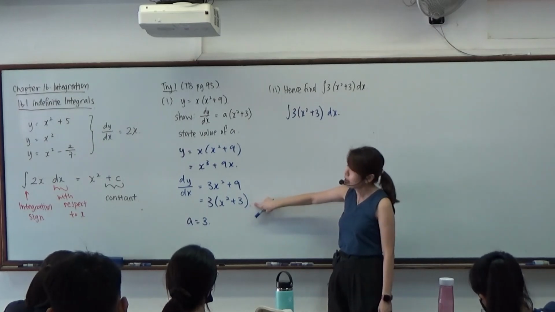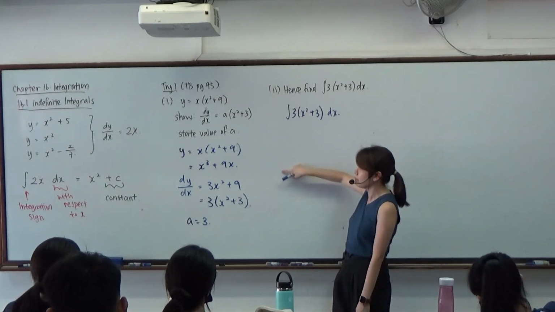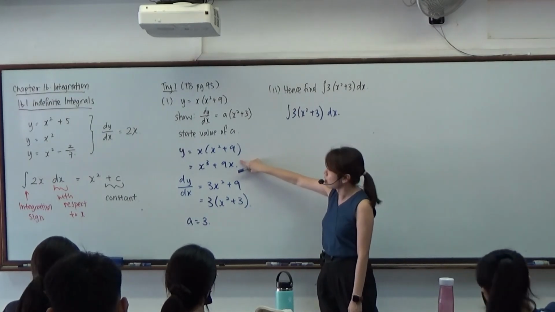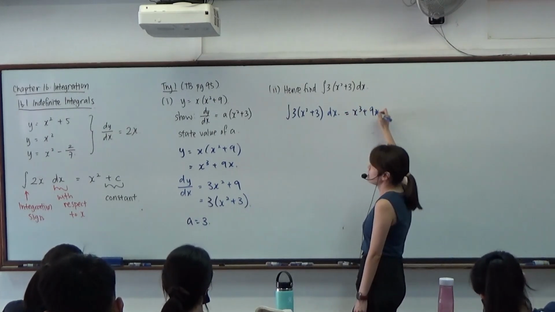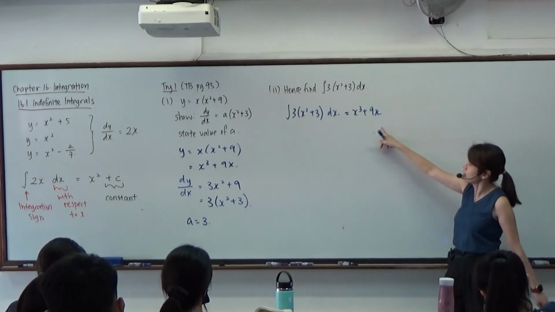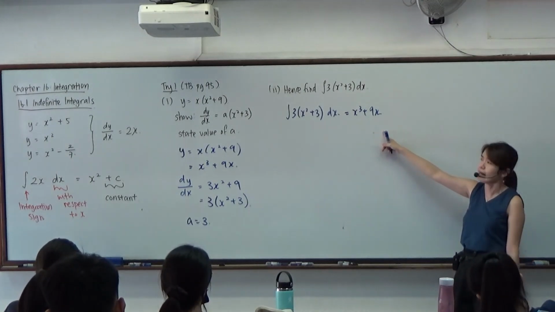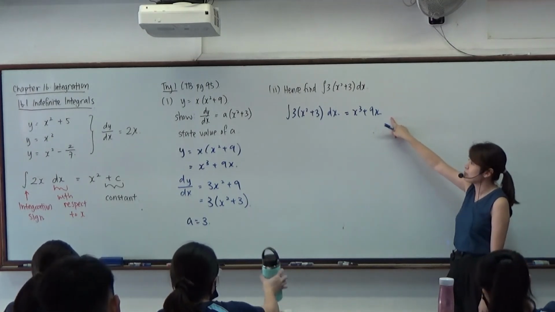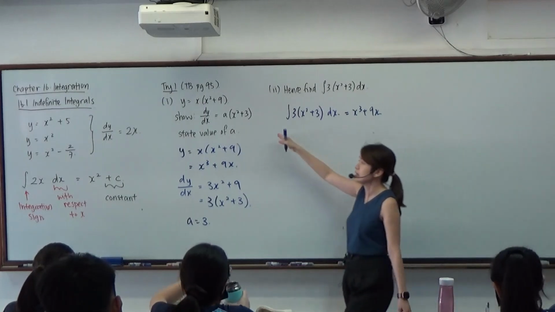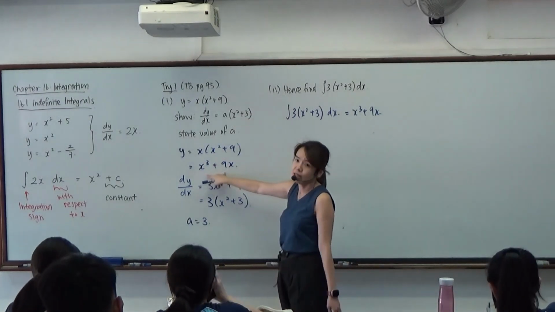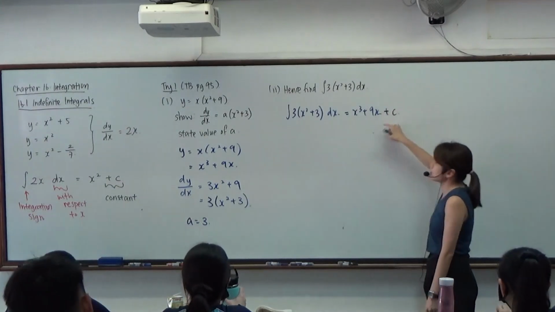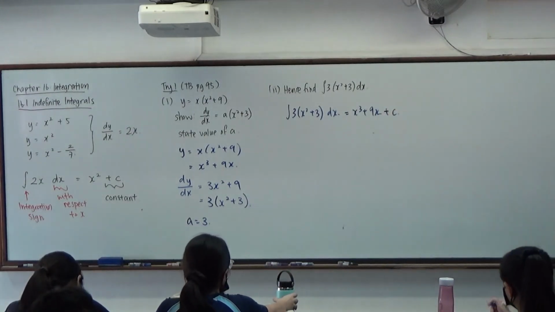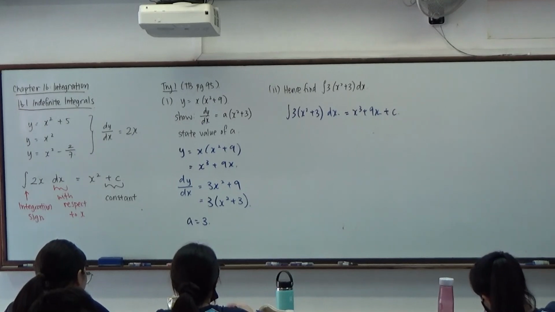I should be getting it back to its original form, which is x cubed plus 9x. But it may not always be x cubed plus 9x. We know that there can be a constant itself, just that in this particular case it is this one. But when you look at integration on its own, we must accept the fact that there is that constant, and hence we must put in that plus c.